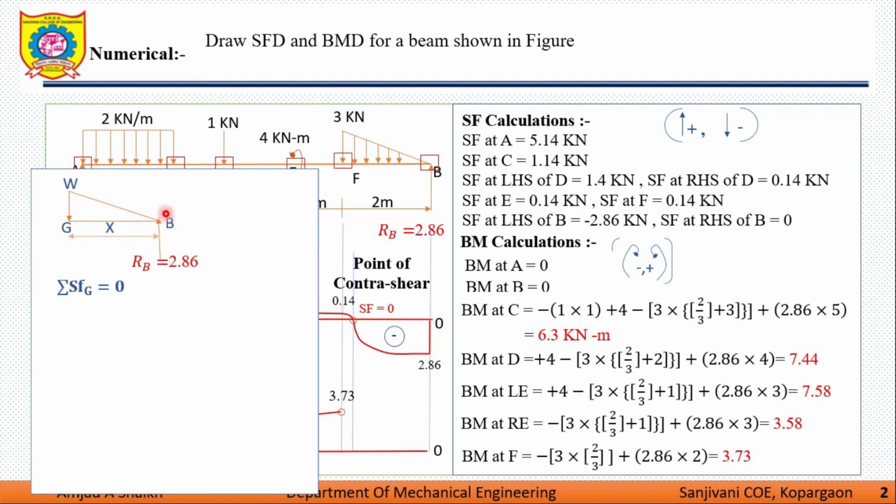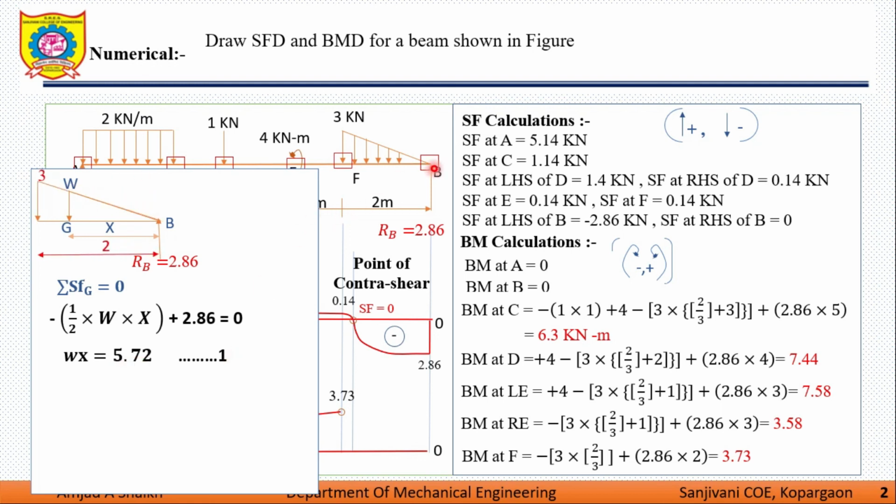Vertically upward force positive, downward force negative. So convert this UVL into a point load: 1 by 2 into base X and height W. So 1 by 2 into W into X is the point load which is applied over here, which is downward in nature. So minus 1 by 2 into W into X. Next, plus 2.86 is vertically up. So we get here W into X is equal to 5.72, which is equation number 1.